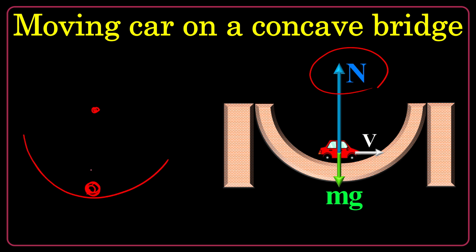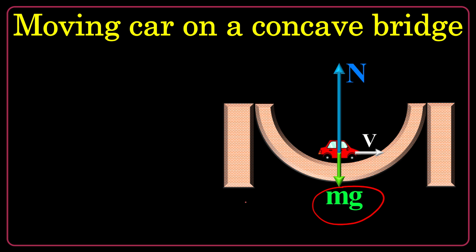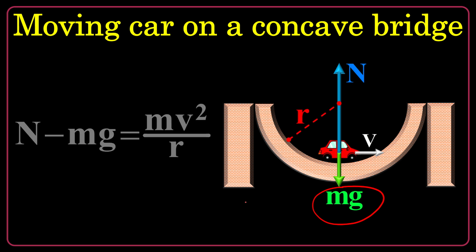The object must be acted on by a resultant force Fc toward the center, otherwise it won't have this acceleration and cannot keep a circular path. So the normal force is necessarily larger than mg. Here I can write n minus mg equals mv squared over r.